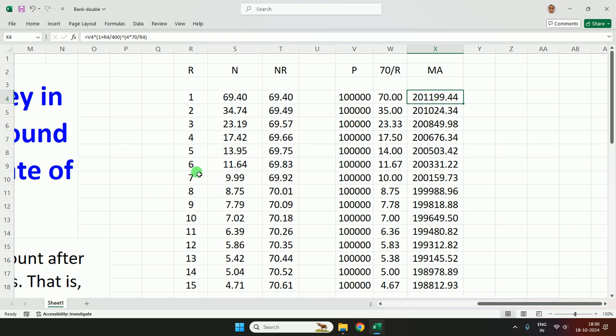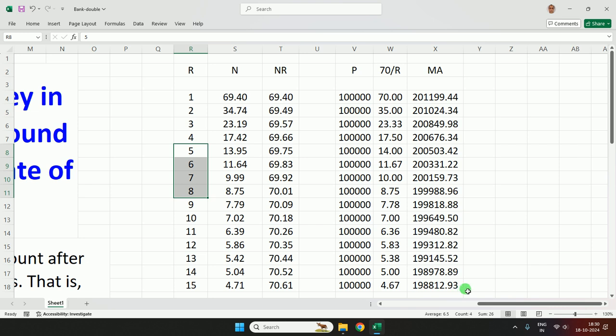Let us look at 5%, 6%, 7%, say 8%, which normally any bank gives for long term deposits. And in this case, if you deposit 1 lakh, you see the amount just 503 rupees more than 2 lakh, 331 more than 2 lakh, 159 rupees more than 2 lakh, and this is just 12 rupees less than 2 lakh. So it is very nearly equal to the double of the principal amount.